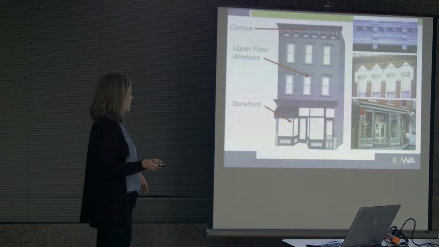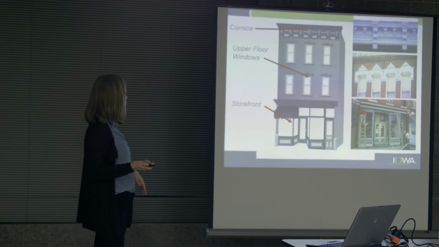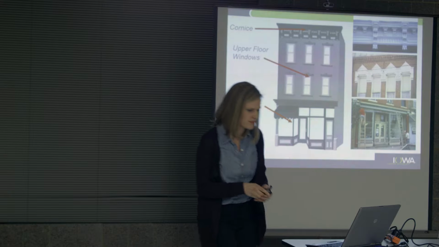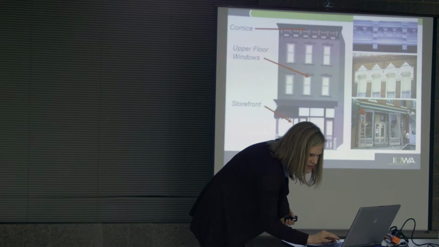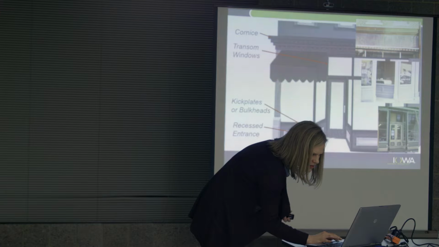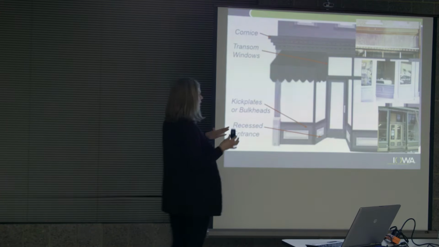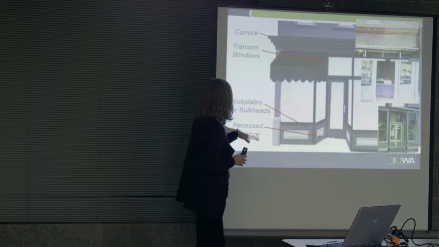And then if we zoom in a little bit on the storefront, maybe. Uh-oh, we got zoomed out here. There we go. Okay. So if you zoom in at the storefront, again, these will all have similar elements.